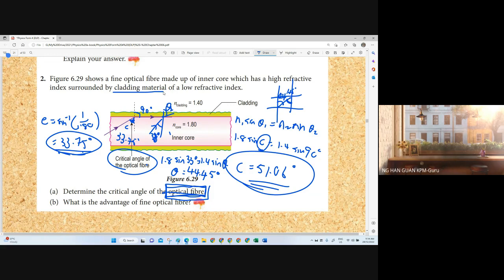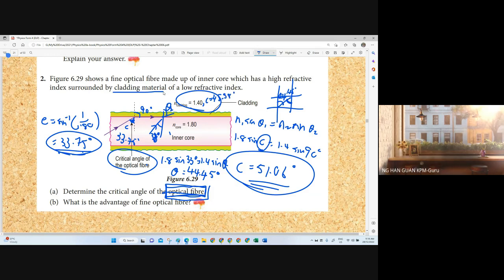Okay, and then what happens to this 44.45 degrees? So the outer cladding is 1.4. Okay, 1.4 means sin inverse of 1 over 1.4, right? So the critical angle for this outer cladding, C, is equal to 45.58 degrees.